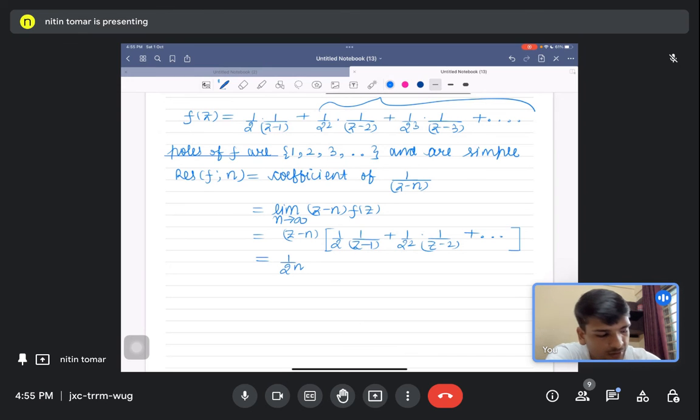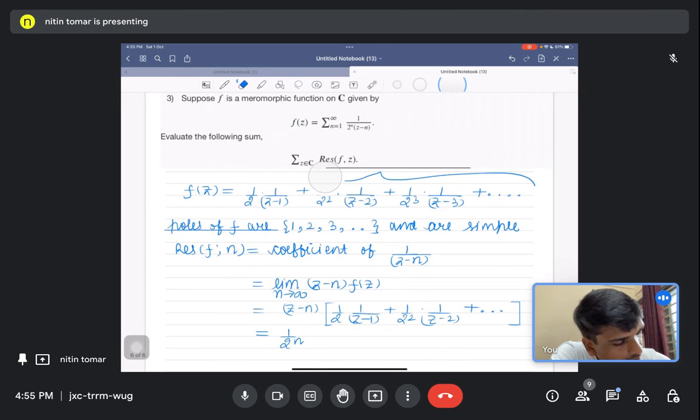The sum is 1 upon 2n going from 1 to infinity.